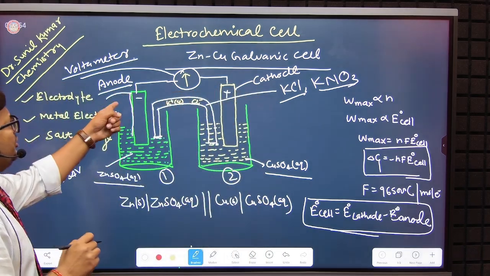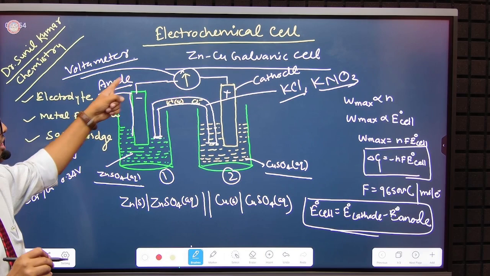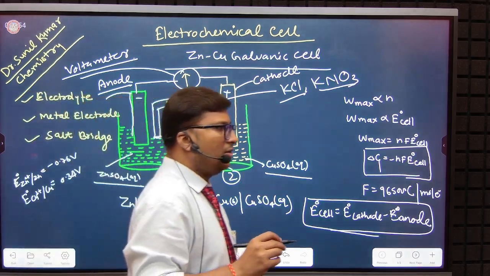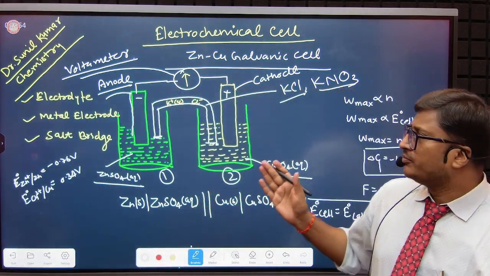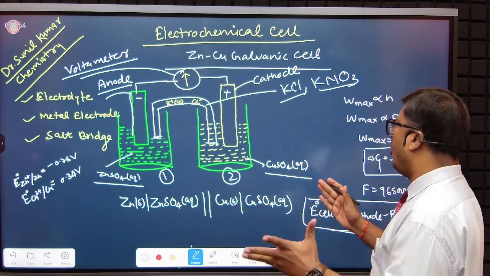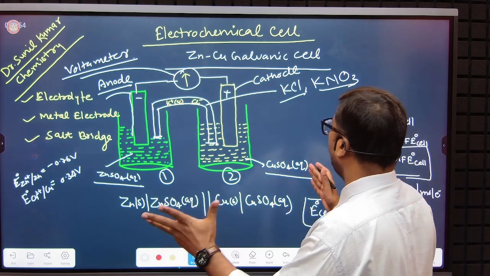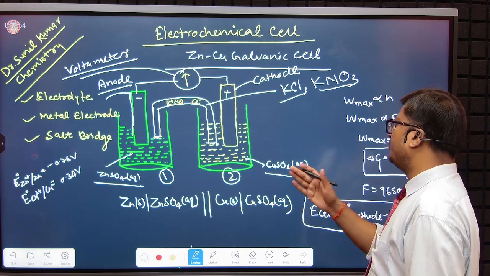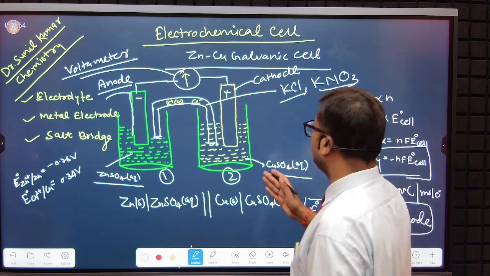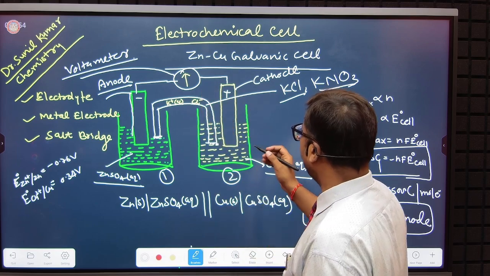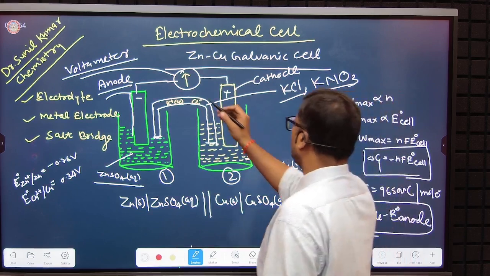Now these two plates are connected by a voltmeter, right, which will reflect the electrical energy, how much electrical energy is produced in this particular setup. That will be measured by the voltmeter, right?